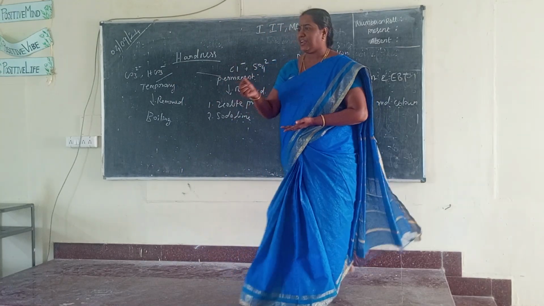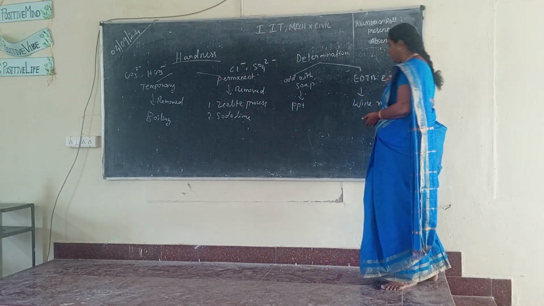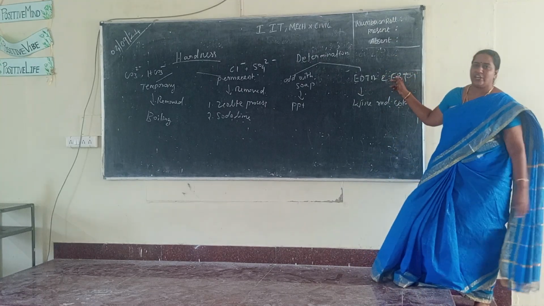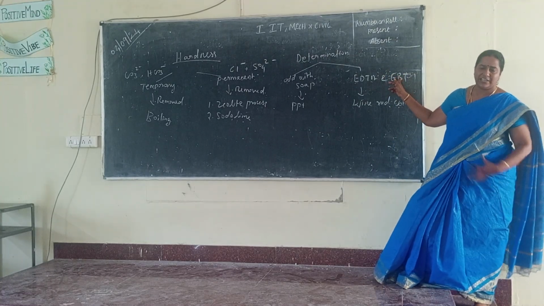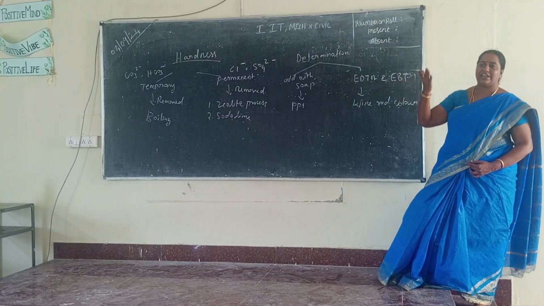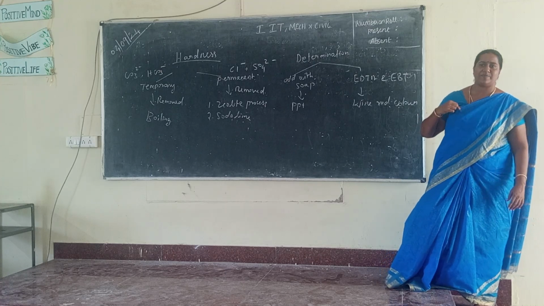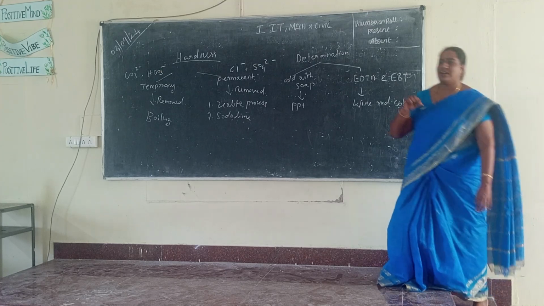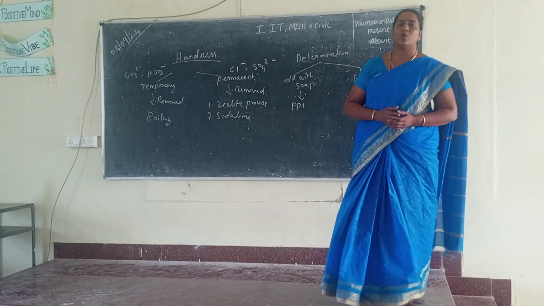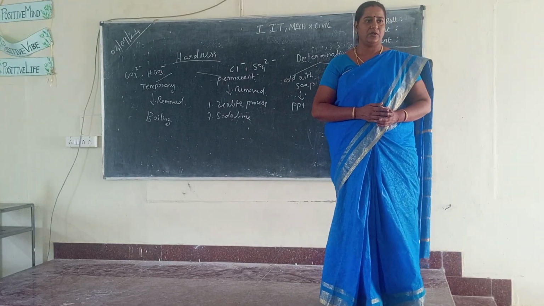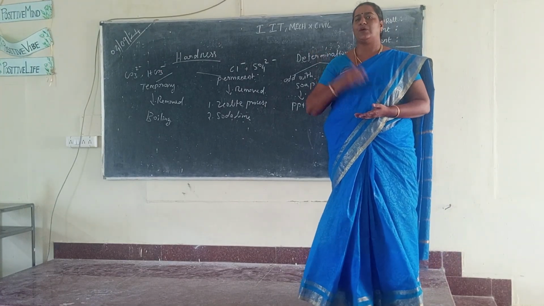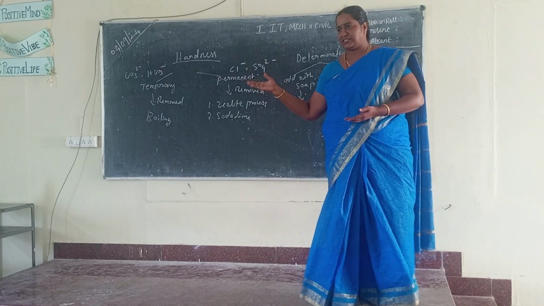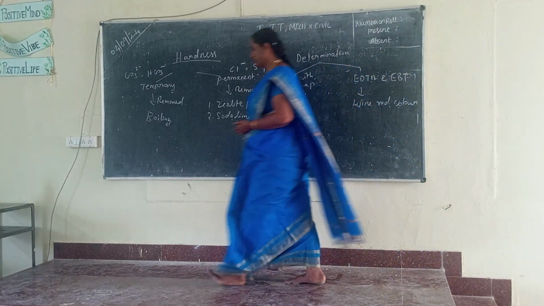We add an indicator called EBT, Eriochrome Black T. With the EBT indicator, we get a blue color. This blue color turns into wine red color. So if we get the wine red color, what is the presence in the water?